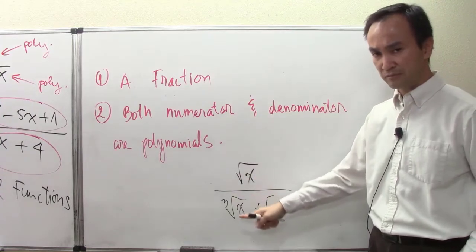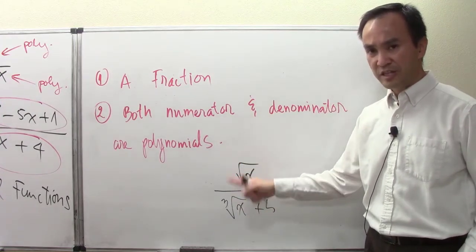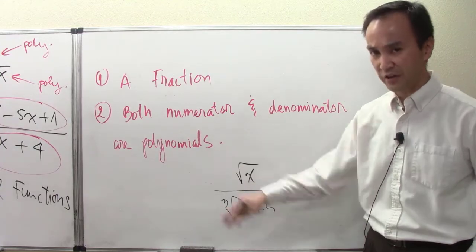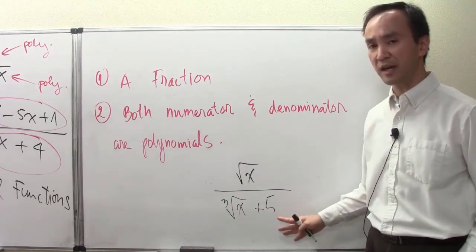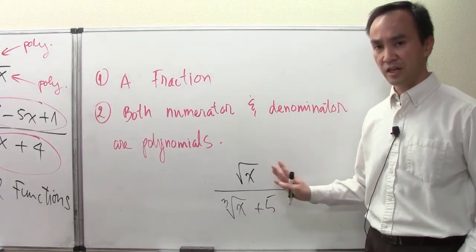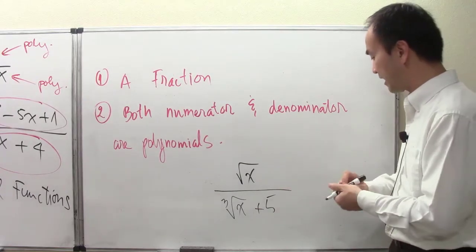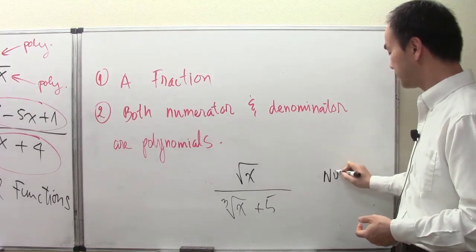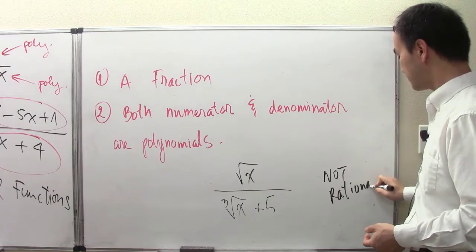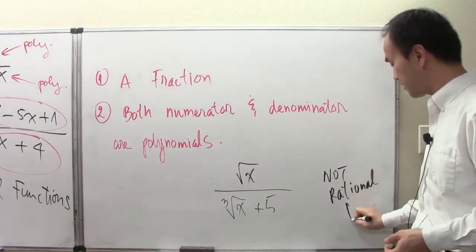A lot of times, students, after seeing this particular function, rashly conclude that this is a rational function. Nope, it's not. I have to highlight, this is not a rational function.